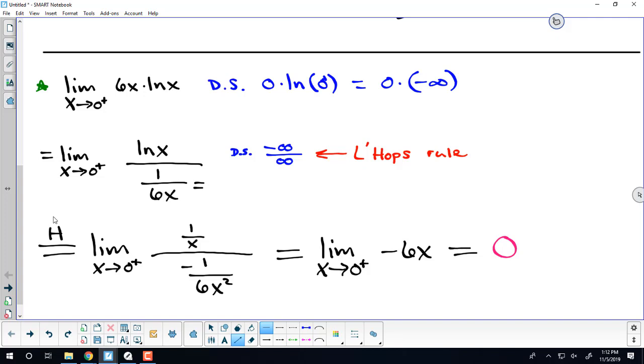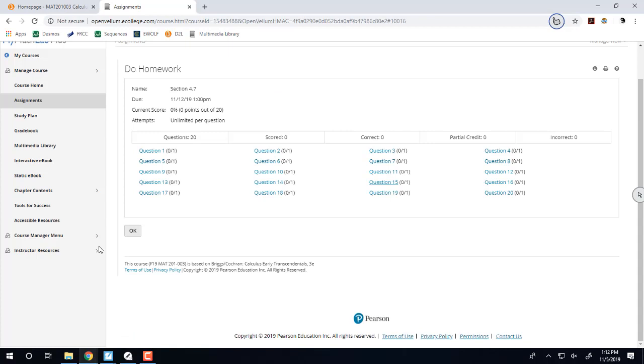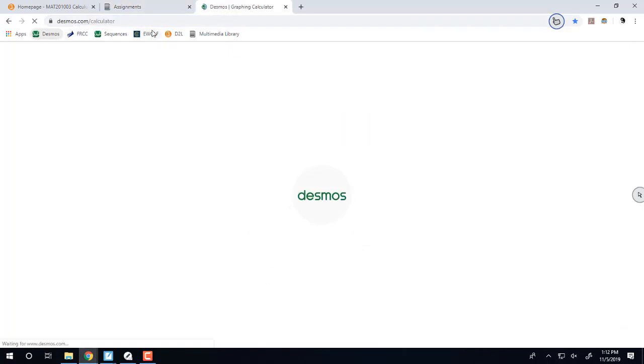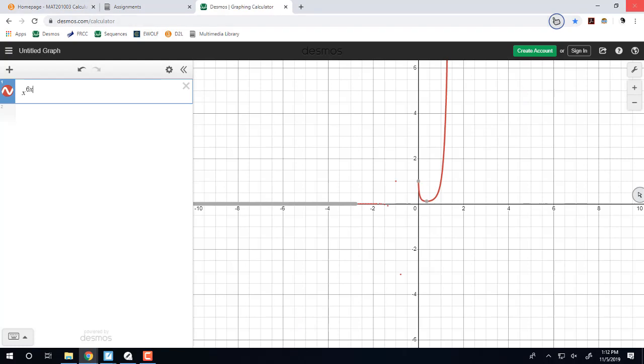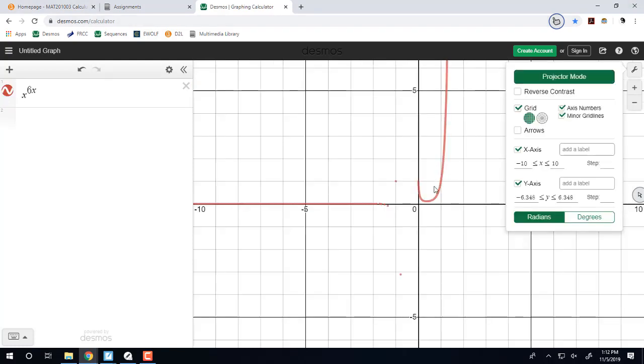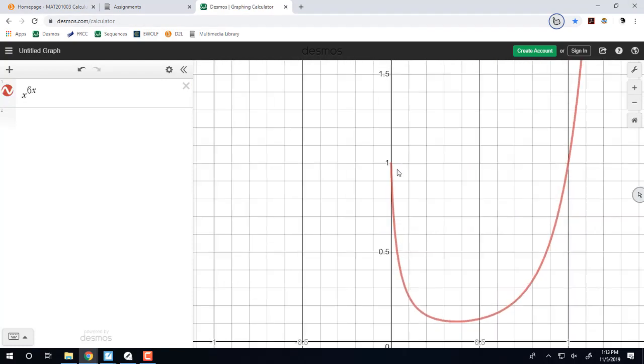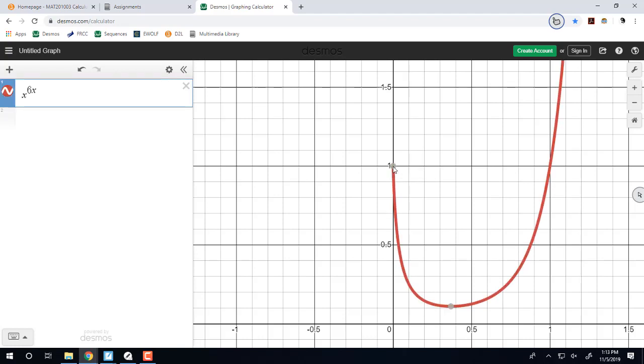That was x to the 6x, right? Right. This is our function here. Is our function actually defined there, at 0, 1?